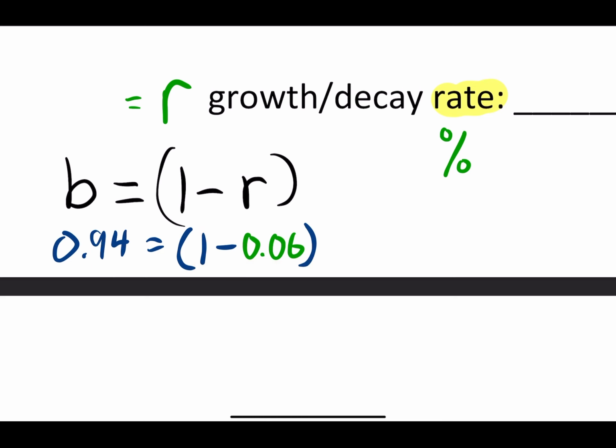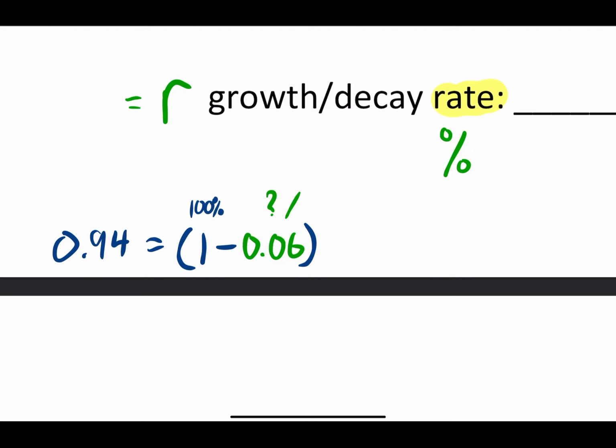Or remember, 1 represents 100%. And R represents some blank question mark percentage. So 100% minus some percent, and 0.94 is 94%. So if you think of it as 94% came from 100 minus something, it's got to be 6% or 0.06.